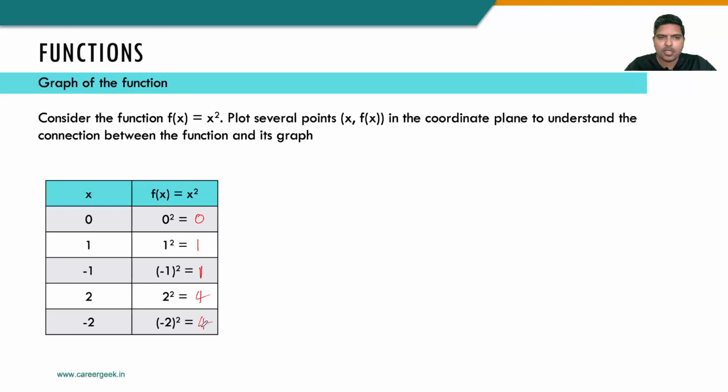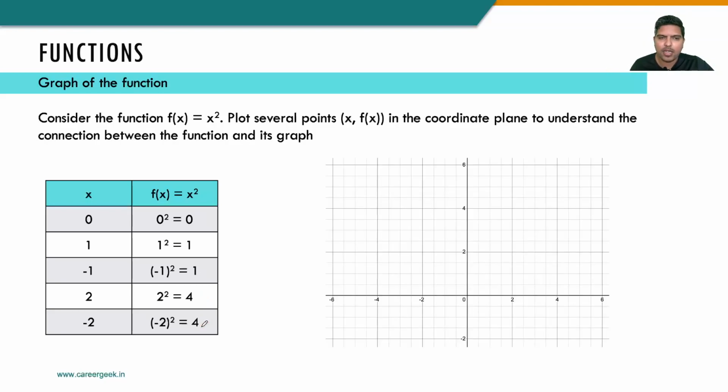So by substituting some x values, what did we get? We get the y values. So the points on the graph are x comma f of x. So the points that I got are (0, 0), (1, 1), (-1, 1), (2, 4), and (-2, 4).